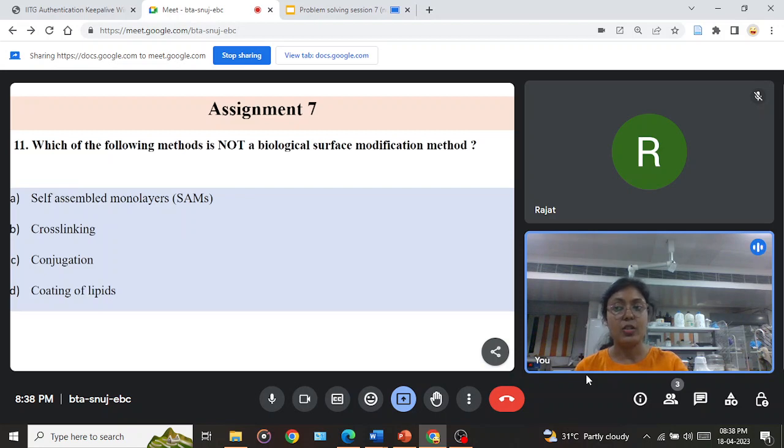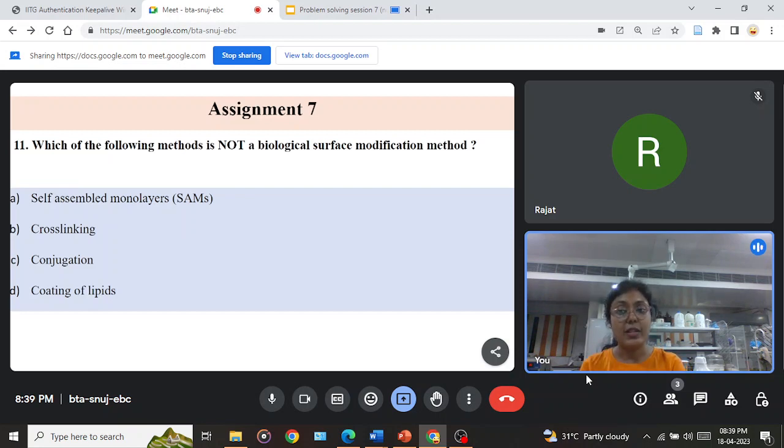And all the other options, that is cross-linking and conjugation, are the adsorption methods by which any biomacromolecule attaches to the surface. Whereas coating of lipids, coating of any kind of biomacromolecules like lipids, proteins, peptides, carbohydrates, are all biological surface modification methods.